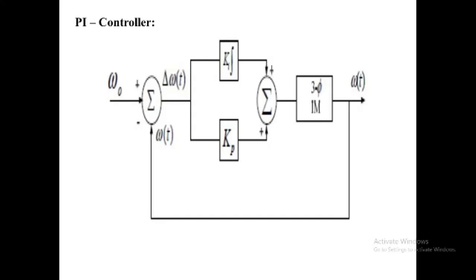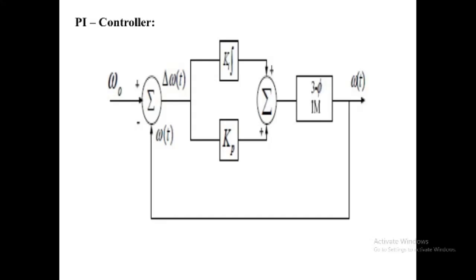Thus, this PI controller will not increase the speed of the response, but it can be expected since this PI controller does not have means to predict what will happen with the error in the near future.